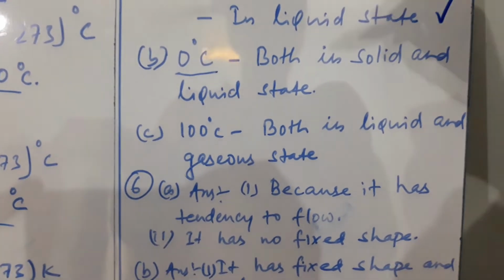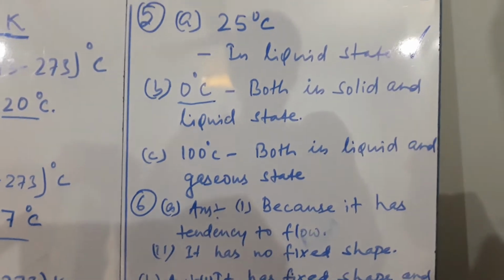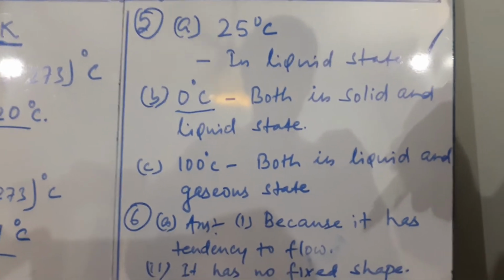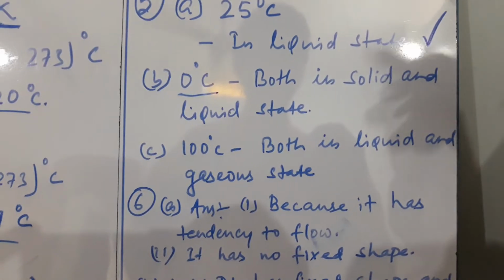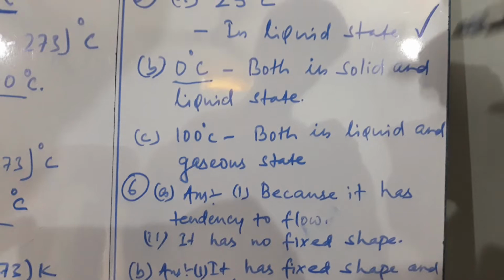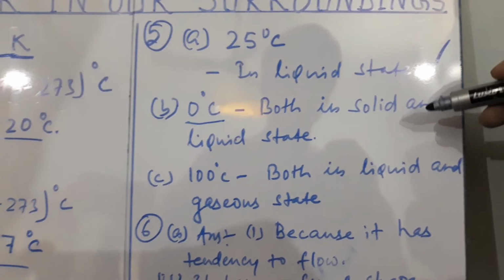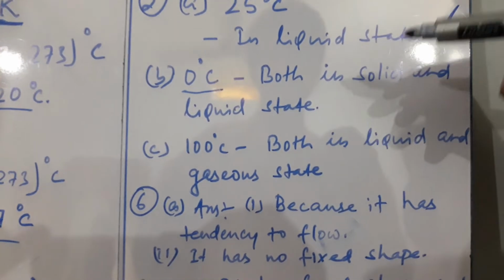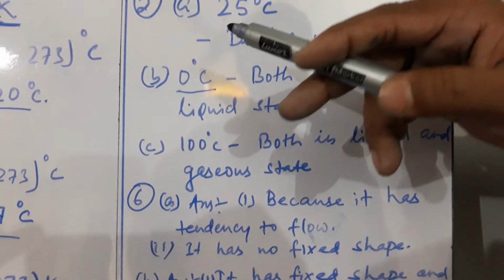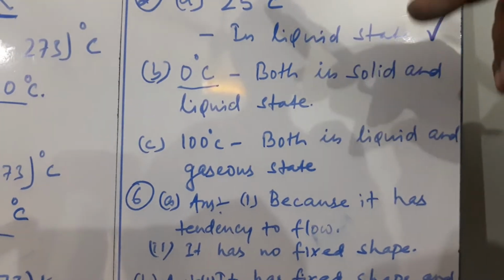It means at this temperature water starts freezing. So at this temperature, water is found in both solid as well as liquid state. It is also called the transition temperature. It means at this stage water is in a transition state.